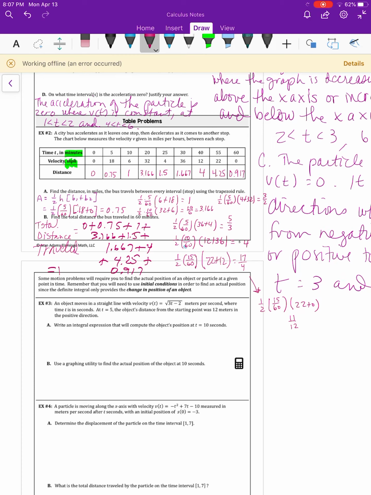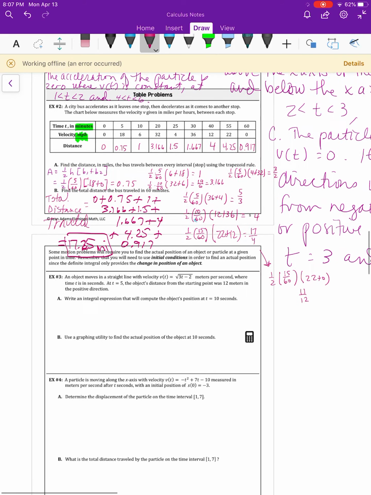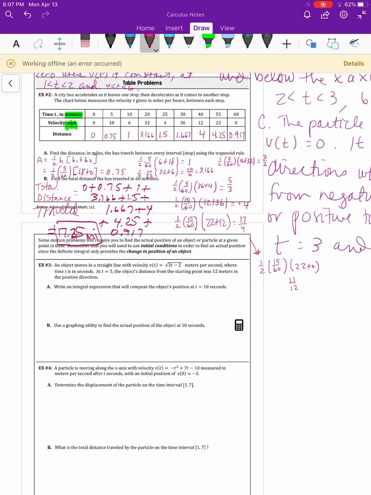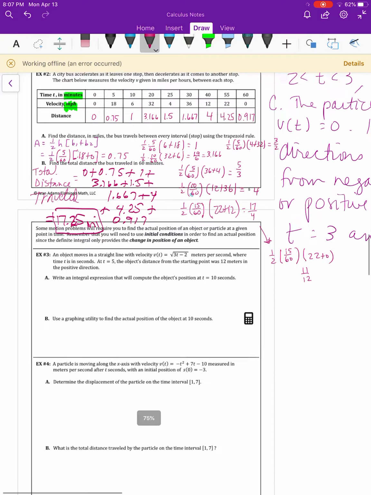And guys, if this was the AP exam, I would use my exact values instead of these that we rounded. And if you use your exact values, you should get 17.25 miles. But I definitely would be using those exact values.